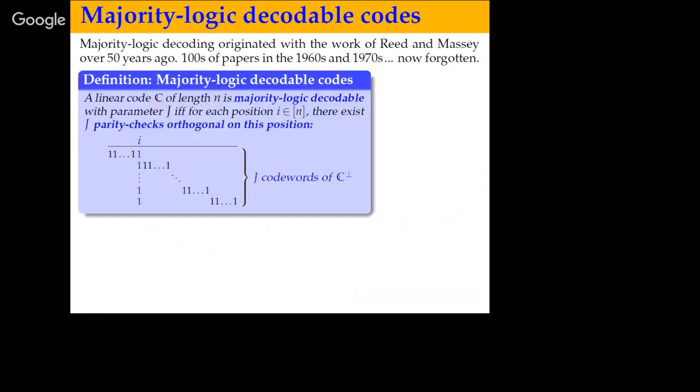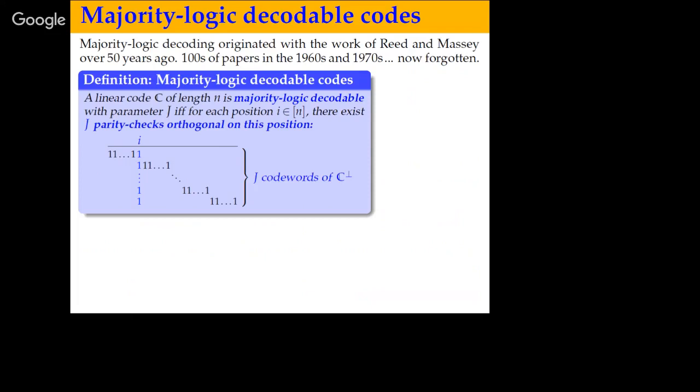So what is a majority logic decodable code? It's just a binary linear code of length m, and we say it is majority logic decodable with parameter j if the following is true.